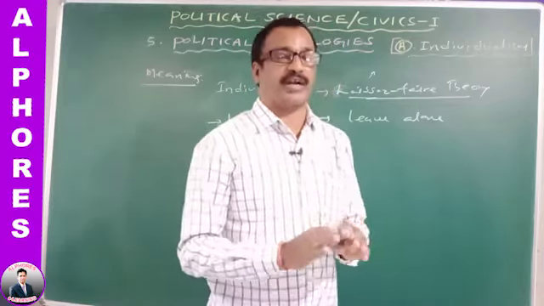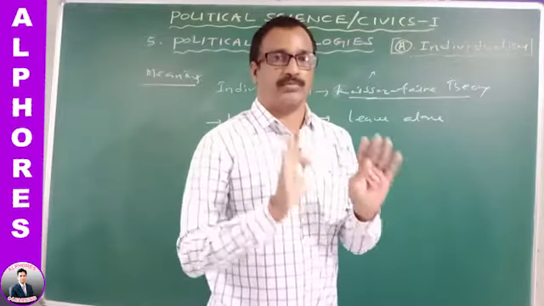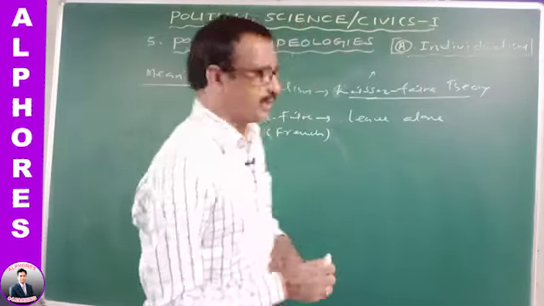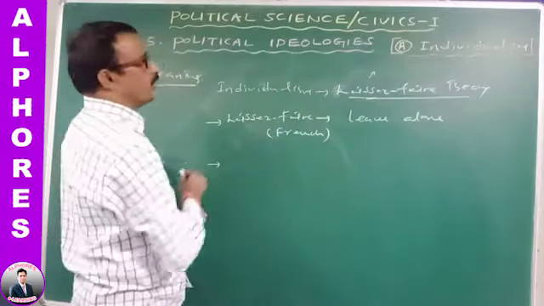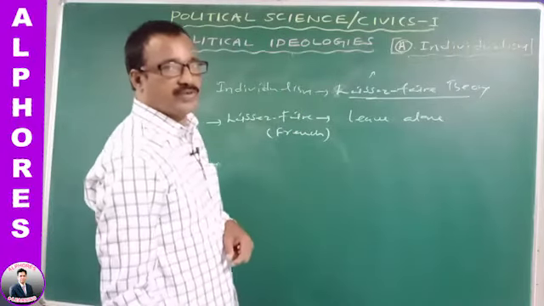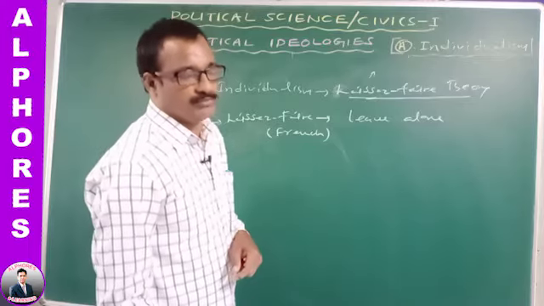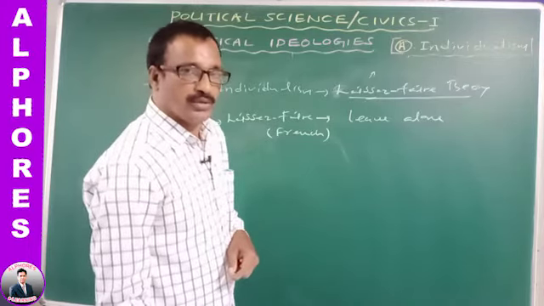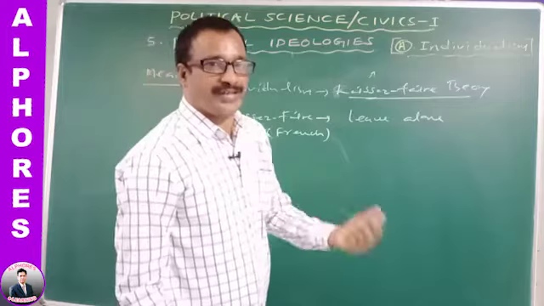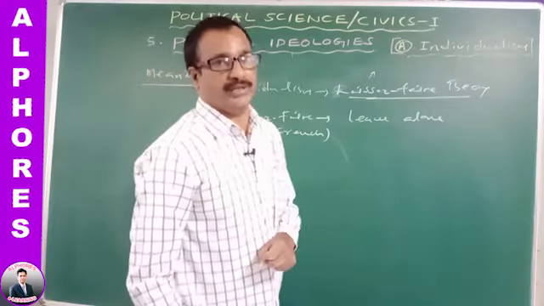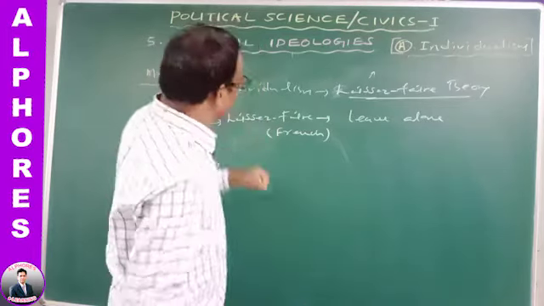So minimum interference of the state and maximum freedom of the individual. It is the main theme of individualism. What is the main theme of individualism? Individuals should have maximum freedom. The state should interfere in the life of the individuals only to a limited extent.